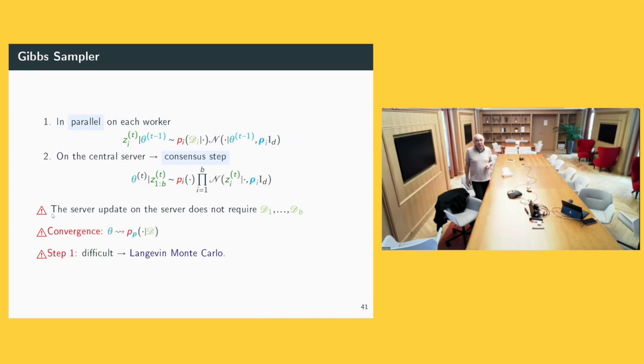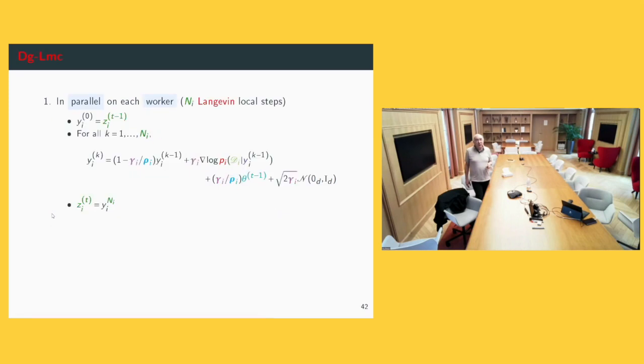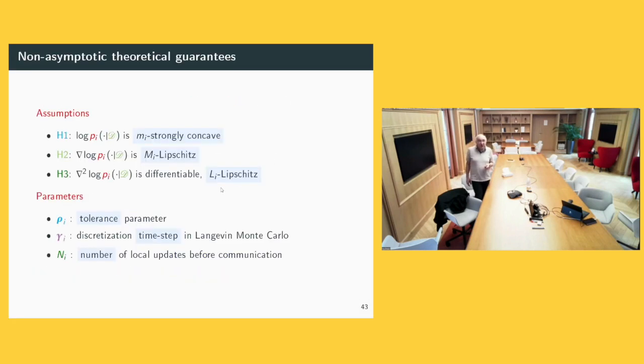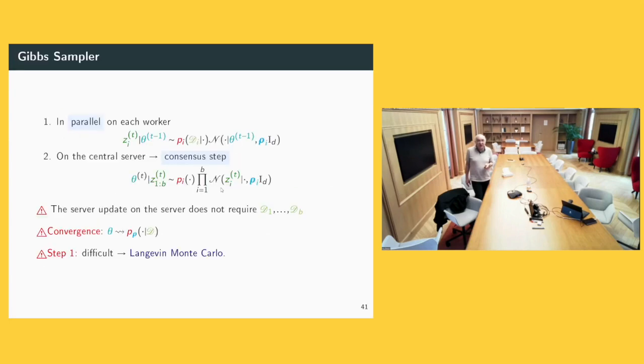Okay, so the local steps you can perform with Langevin dynamics, but you have to perform the Langevin dynamics on this conditional distribution with the product.